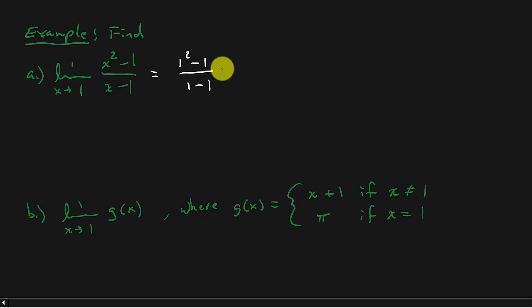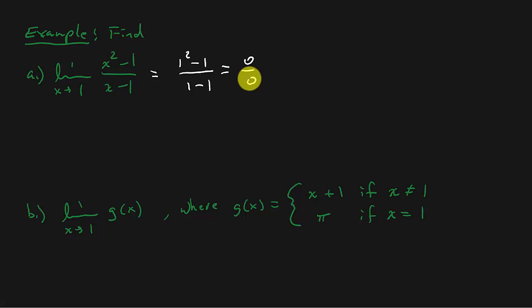And that gives us 0 over 0. Now, with you being in calculus, I know that you understand 0 over 0 is not 1. We know that's not 1. But this is something special, getting 0 over 0.